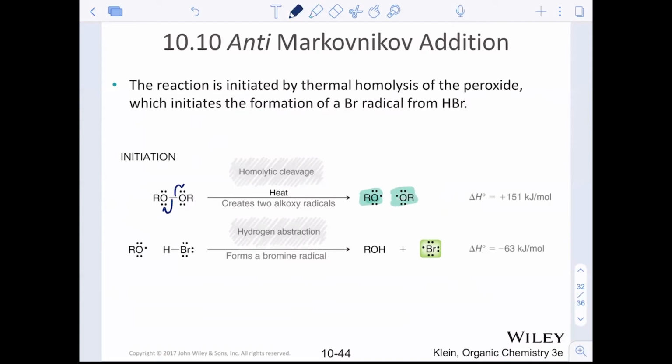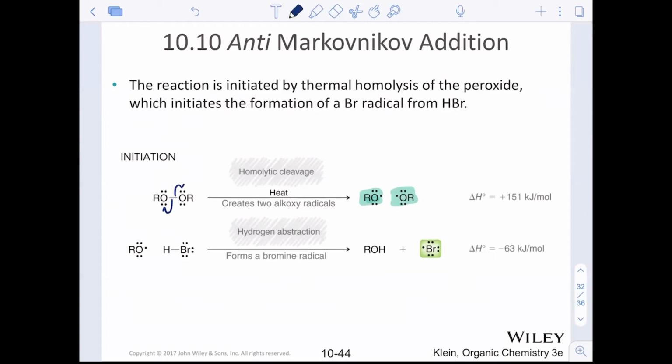And this is what's going to be going forward in our initiation step. Notice that the second step doesn't look like an actual initiation. The reason why it's hydrogen abstraction is encompassed here in the initiation is because we're waiting for the bromine radical, the radical production that will actually continue on with the organic molecule. So we're still doing a little bit of prep work here in this second step.